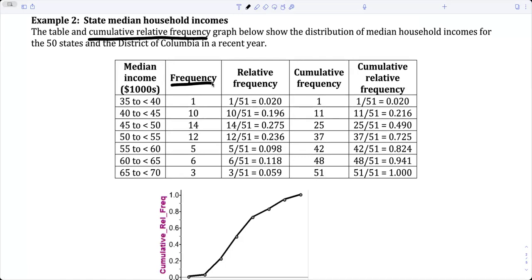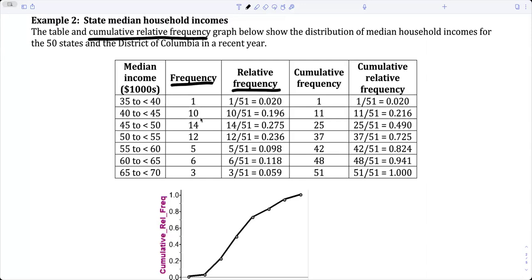Actually, there's four. So we have median income in the thousands, so 35 up to 40,000. There's one in that. Okay, and then there's the relative frequency, which is expressed as a percentage. Okay, so there's 1 out of 51, which would be approximately 2%.